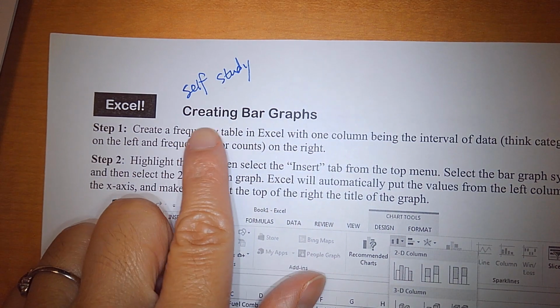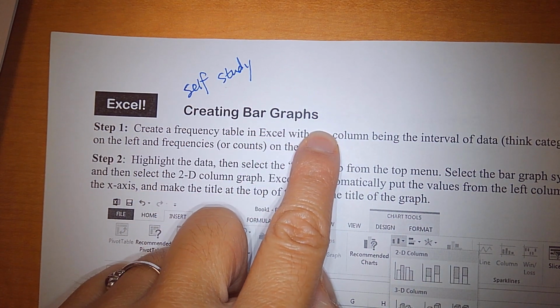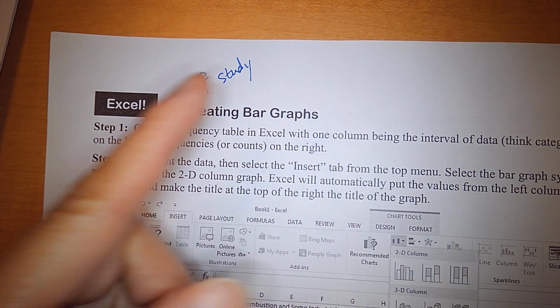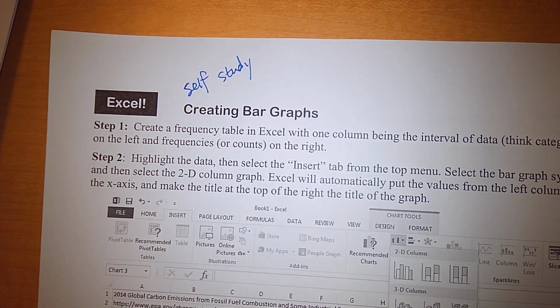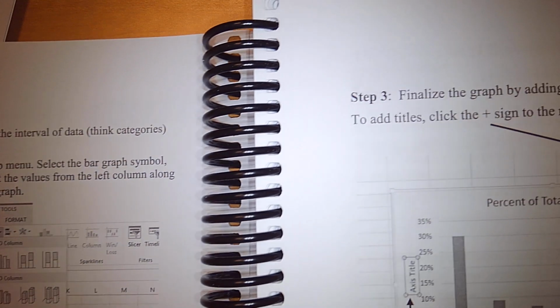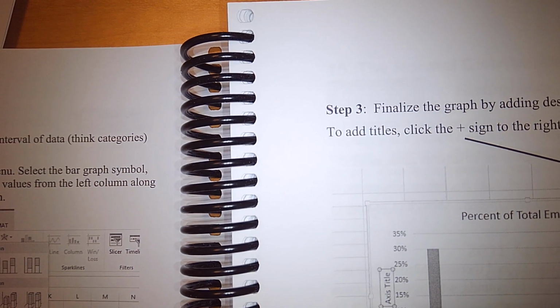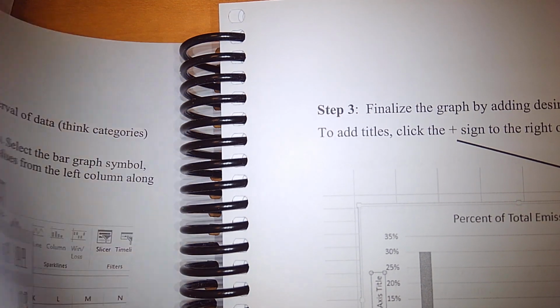How to create bar graphs. You will not be tested on this, okay? But because this is the Excel part, it's self-practice, self-study. Page 185, still the Excel part, self-study. That's it for section 14.